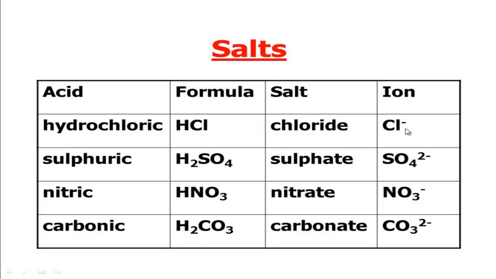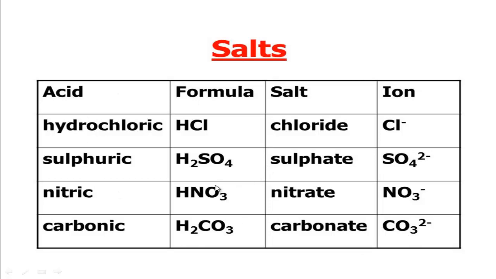For example, sodium chloride, potassium chloride, magnesium chloride, zinc chloride, etc. If sulfuric acid is used to produce this salt, in that time that salt will be named sulfate salt. Sodium sulfate, potassium sulfate, calcium sulfate, magnesium sulfate, zinc sulfate, etc. Like this way, when nitric acid is used, that is called nitrate salt. When carbonic acid is used, that is called carbonate salt.